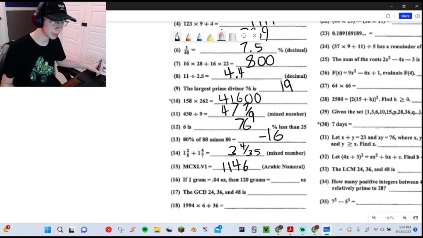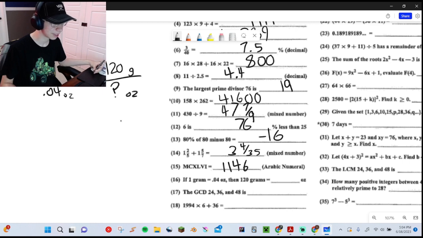Alright, number 16. If 1 gram equals 0.04 ounces, excuse me, then 120 grams is how many ounces? So this is like a proportion. So I have 1 gram for every 0.04 ounces. Then I want to know how many ounces I would have if I have 120 grams.